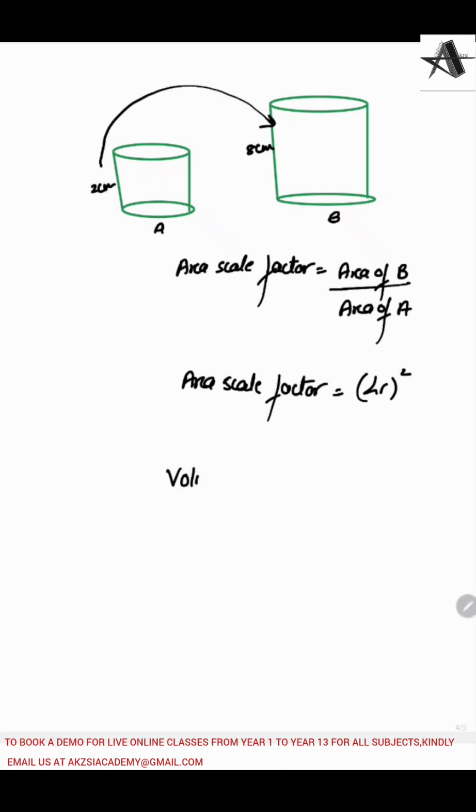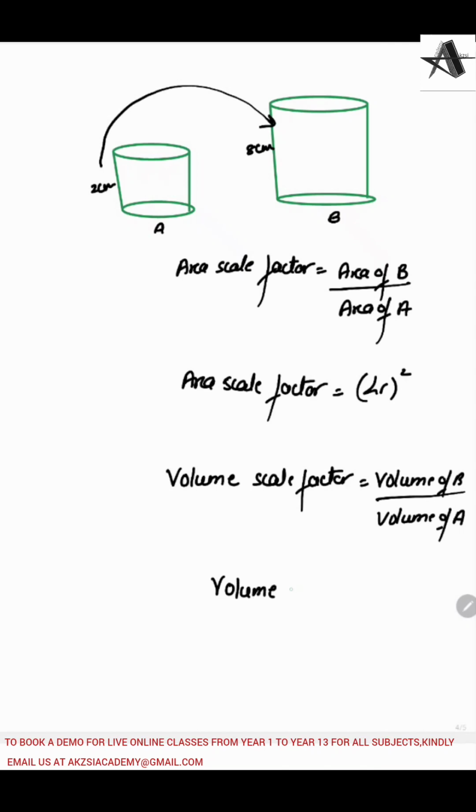That means the volume scale factor, if I'm transforming A to B, will be similarly how we calculated the length scale factor and area scale factor, that is volume of B over volume of A. And in terms of the length scale factor, I can say the volume scale factor is LR whole cubed. Whole cubed. So now let me do some questions on it.